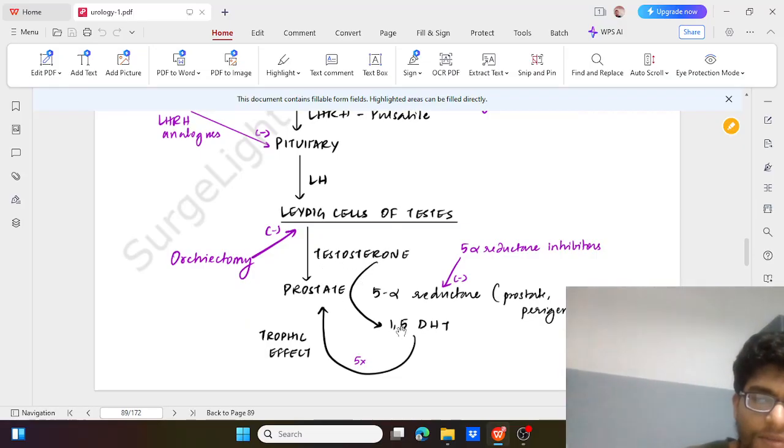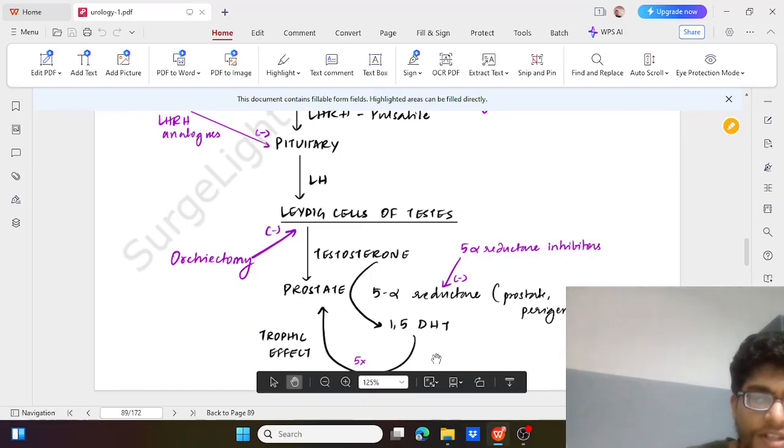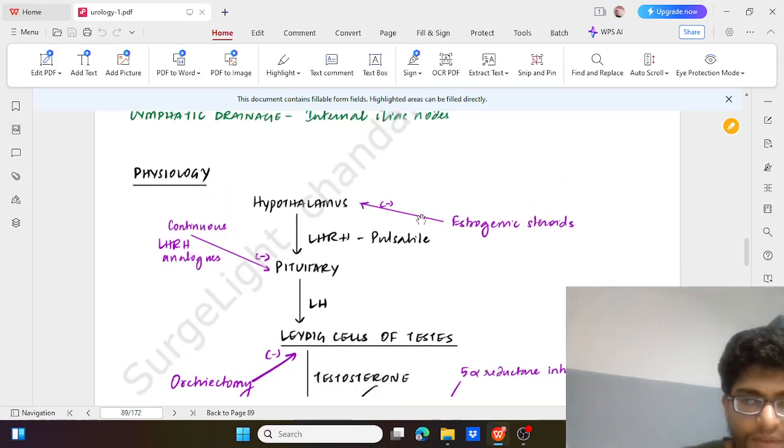Testosterone also gets converted to dihydrotestosterone, which has a trophic effect over 5 times more. When we give estrogenic steroids, or when the body creates estrogenic steroids, it has a negative impact on the hypothalamus, so LHRH production is affected. If continuous LHRH analogs are given to the pituitary, it stops producing LH.